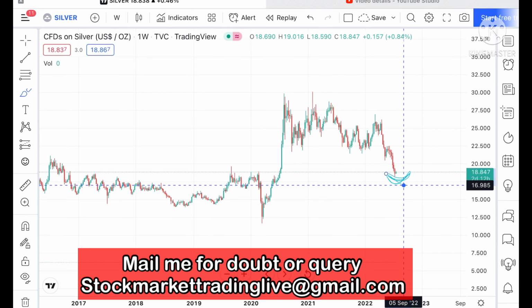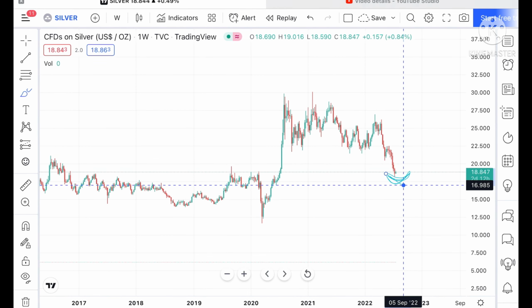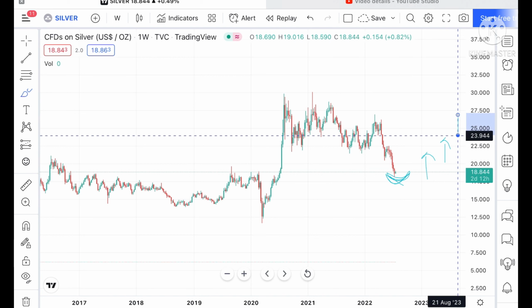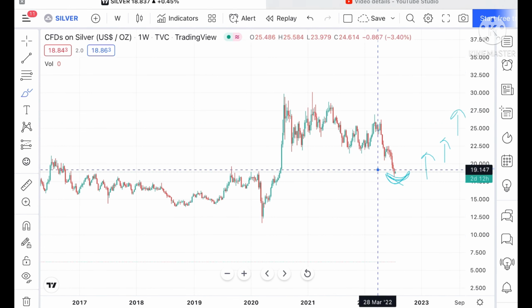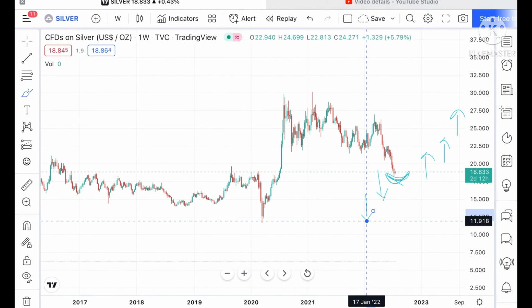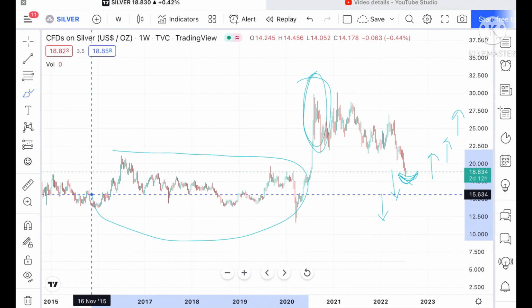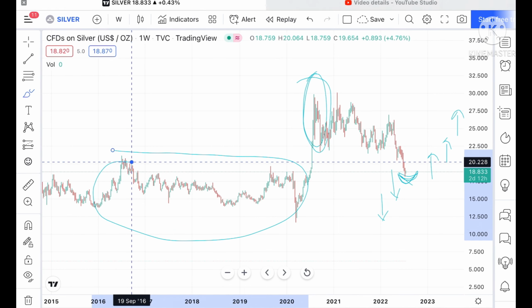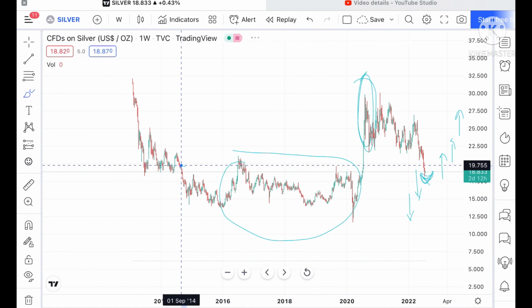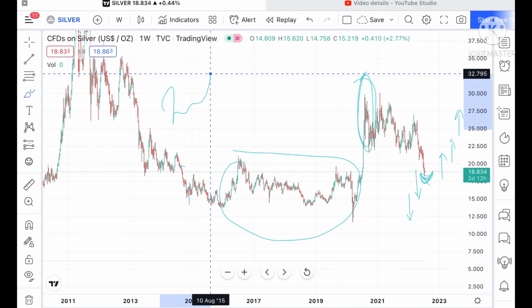Looking at this chart, a U pattern is forming at this particular range. If this level is sustained, it can go further high, but if this level is not sustained, it can go further downside. Before this, the price was in another zone since July of 2014.